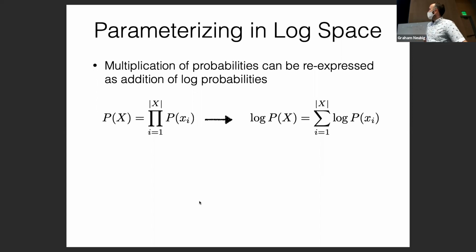So basically what the log does is it makes sure that instead of becoming a very, very small number like 10 to the minus 50 or something like that, it will become a reasonably sized number like minus 50 or minus 100 or something like this.